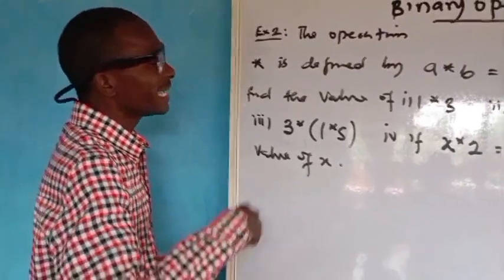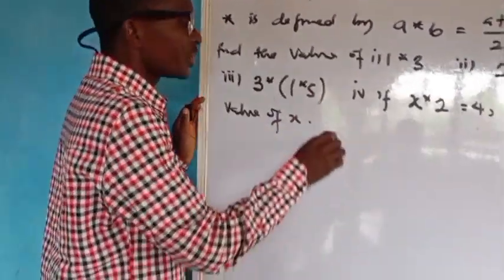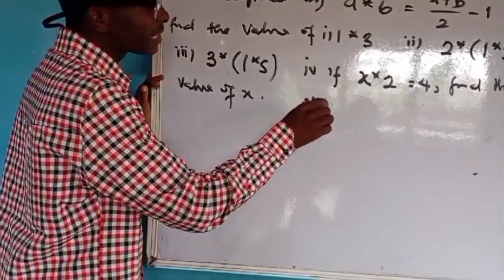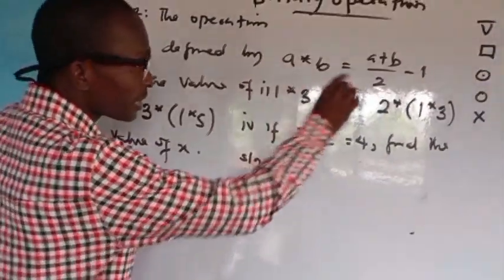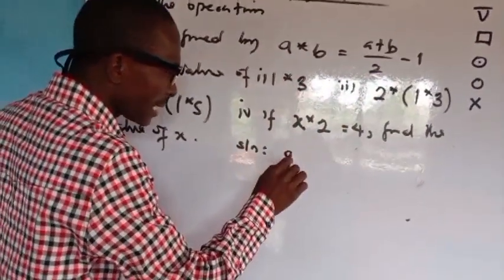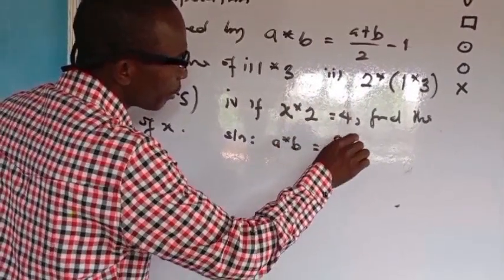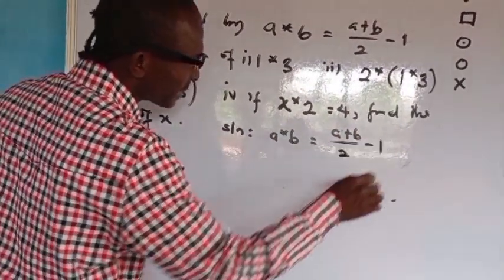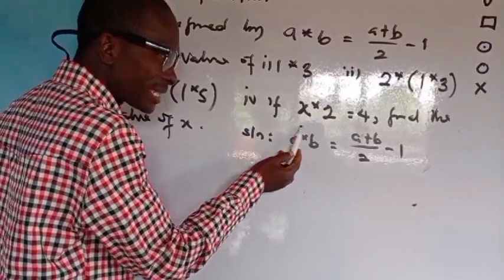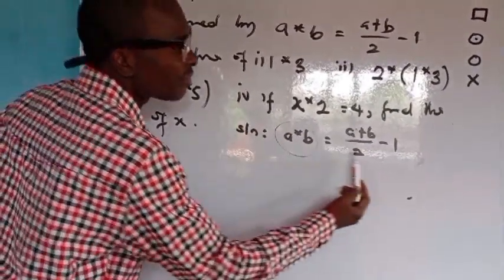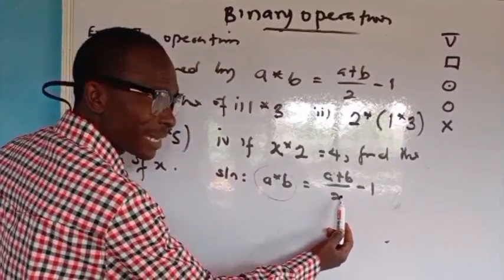Like question number 1 here, Roman figure 1, from the law, which is the binary operation, we say A asterisk B is defined as this. So whenever you see anything in this manner, you define it as this. That's what we are saying now.